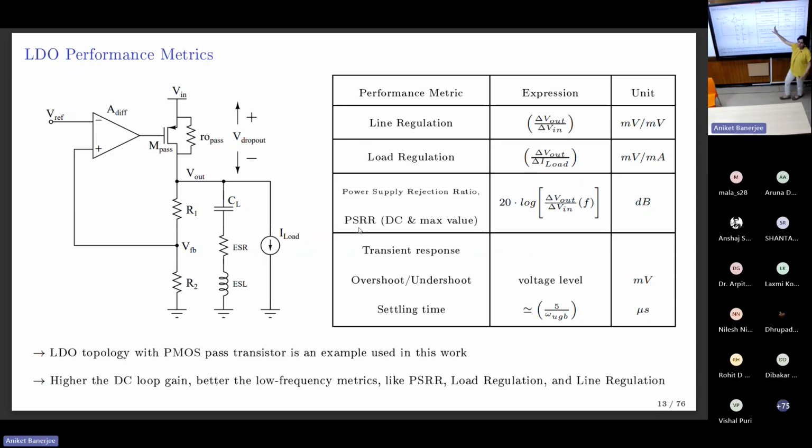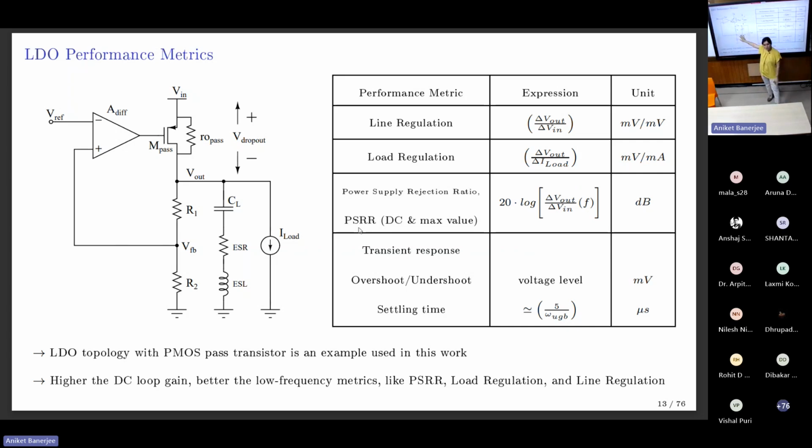Power supply rejection ratio is a high frequency metric, which means that supply noise will be varying with frequency. And then how do you respond with respect to changing supply across the frequency range? Transient response: this load may not be steady. It might be changing with respect to time. You might be pulling a lot of current, and then the delta I by delta t is a lot faster. Changes in current might happen.